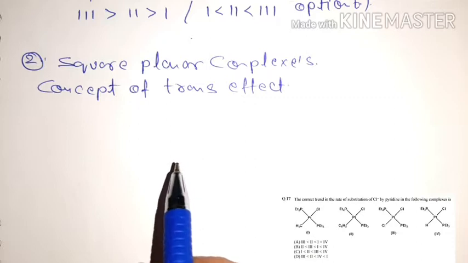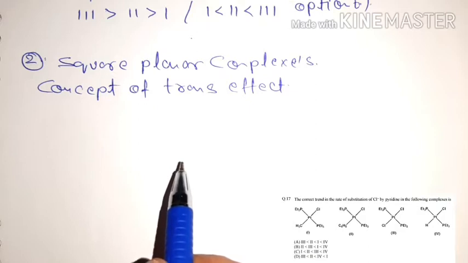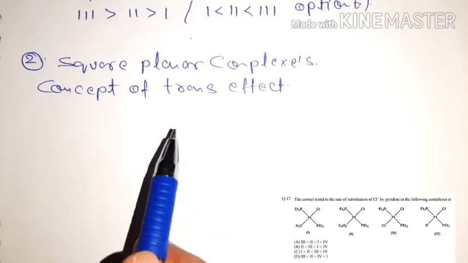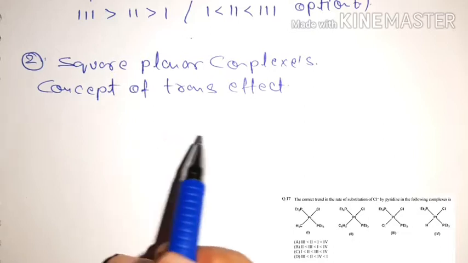Okay, so according to trans effect, the trans group to chlorine with the highest trans effect among them will show the highest rate of chlorine substitution. So here what can I say? I can write it.